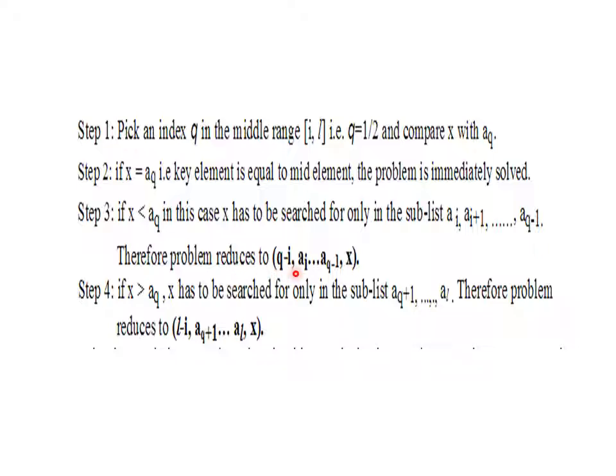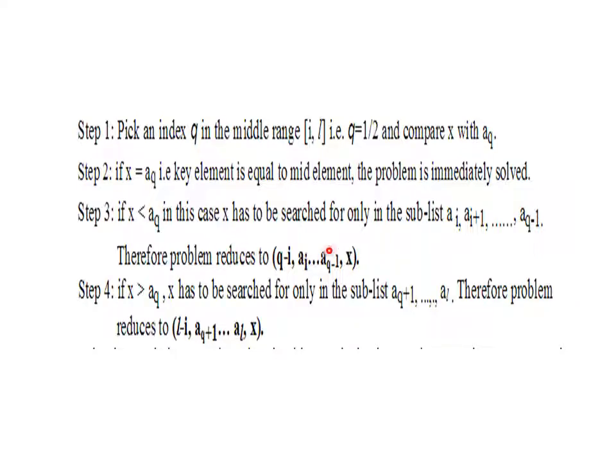Assume that we have n equal to 8, the number of items is 8, and we find the middle item. The middle index value is 8 divided by 2, which is equal to 4. And the lower index value I is equal to 1. The middle item is not equal to the search item, and one more condition is satisfied: the search item is less than the middle item, A of Q. Then we only need to search the left three numbers, that is A of 1, A of 2, A of 3, because A of 4 we already compared, and there is no need to check the right side.